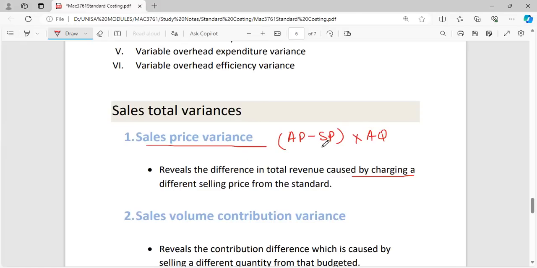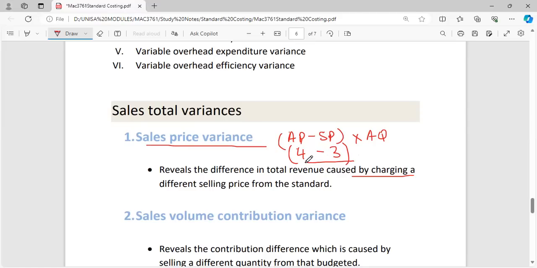In our cost variances, if the actual is 4 and the standard is 3, it's unfavorable, but here it's not. If the actual price is less than the standard, we're saying it's unfavorable. So here now, it's vice versa. This is going to be favorable.